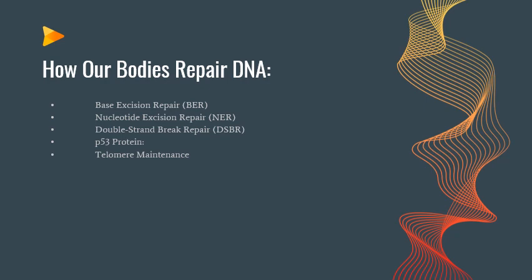This ensures the protection and maintenance of telomeres, the repetitive DNA sequences at the end of the chromosomes, to prevent genome instability. These mechanisms altogether help maintain the integrity of our DNA, preventing accumulation of things like mutations that can lead to diseases like cancer or other genetic disorders.